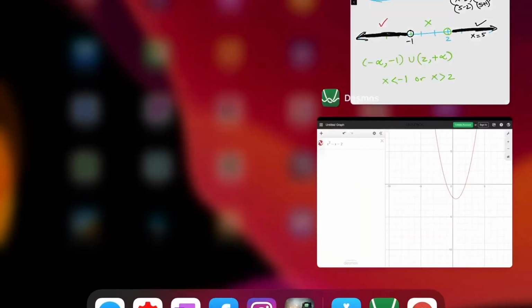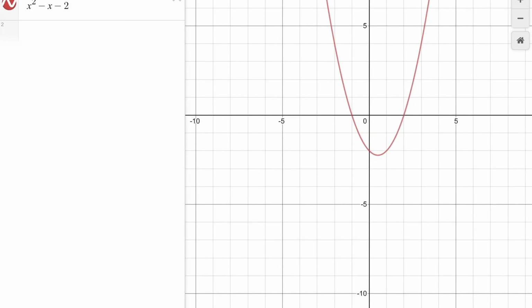Before I go, I want to show you the graph. Let's take a look at the graph of the inequality. So let's take a look at the graph. x squared minus x minus 2. This is our 2. We can say our negative 1. As you can see, if you choose any number between negative 1 and 2, the y values will be negative.